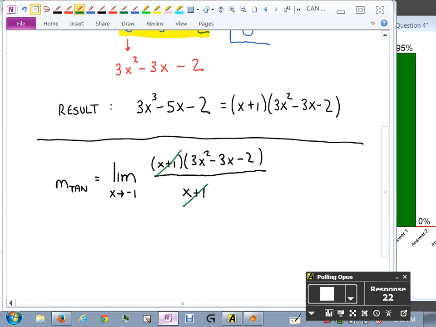And that's a good thing, right? So the limit as x approaches -1 of whatever was left is, so plug in -1. 3 plus 3, minus 2. So 4. This right here is the slope of that tangent line, 4.